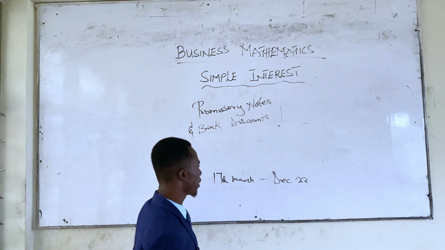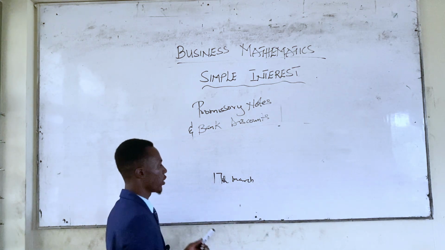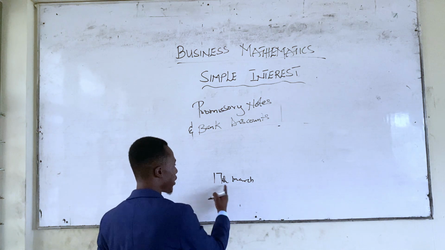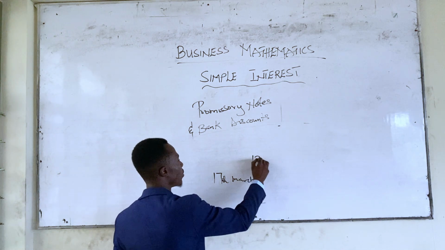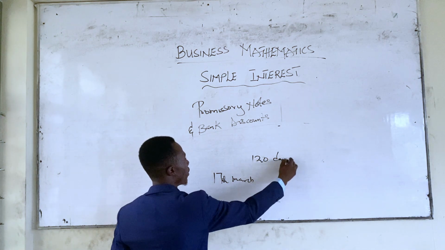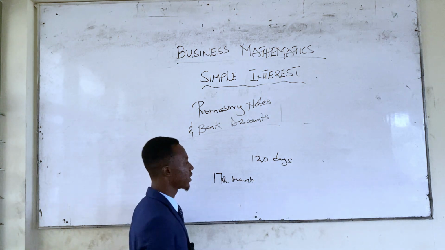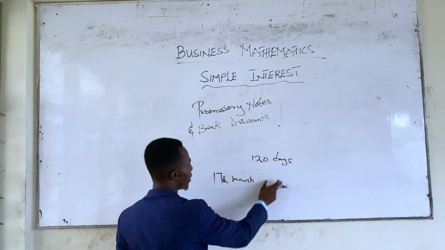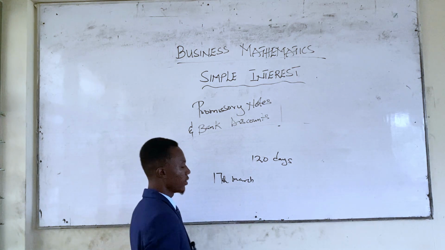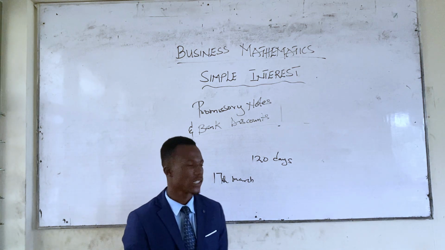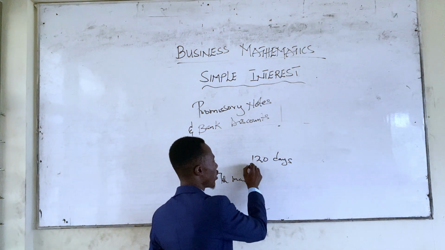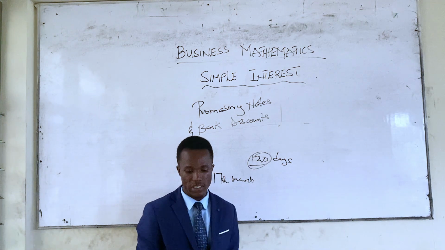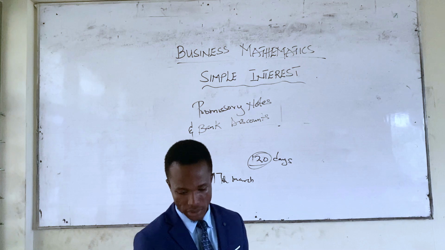So for the due date, let's say the person took the money on 17th March, and is supposed to pay it in 120 days' time. When you are calculating for the due date, that is when you'll be adding the 120 days to 17th March, so that the last day will become the due date. Okay, we will solve a question under it.